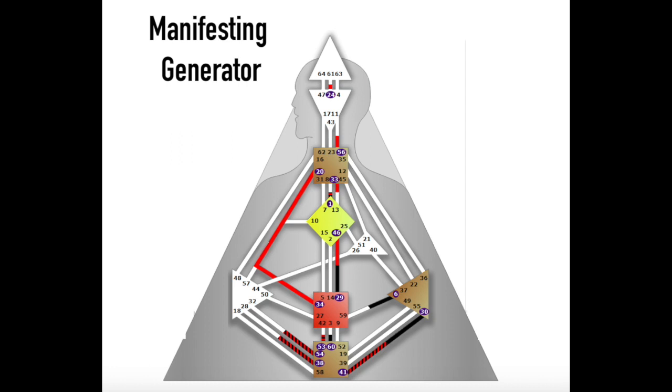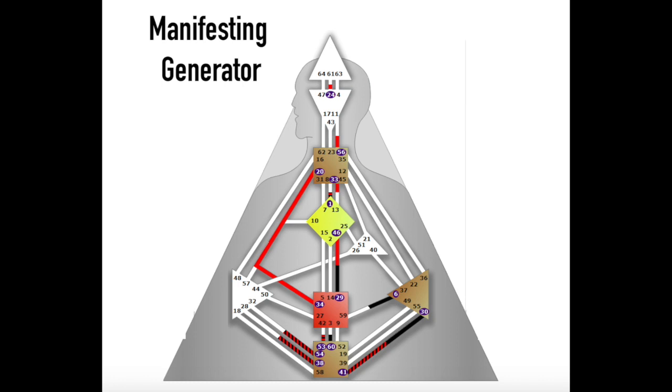But it's kind of a hybrid of manifesting and generating, and so these people maybe find it a little easier to walk back and forth to being in a leadership role when need be, but also being just productive and a worker when need be. And so you may have spurts of energy where you feel like you need to take control.